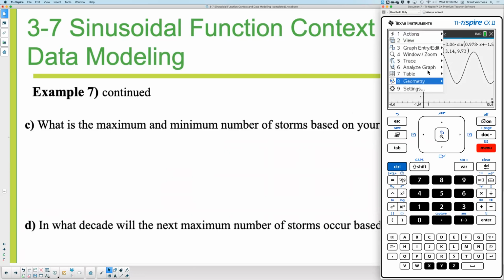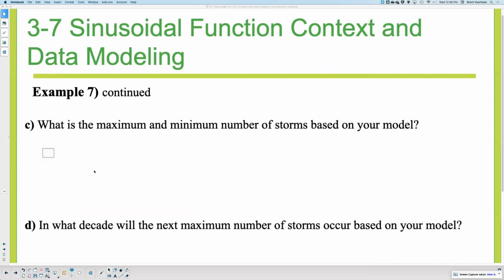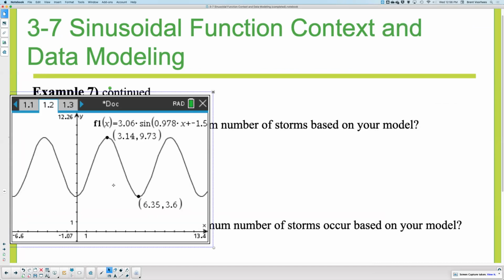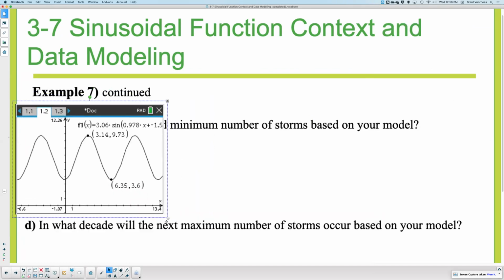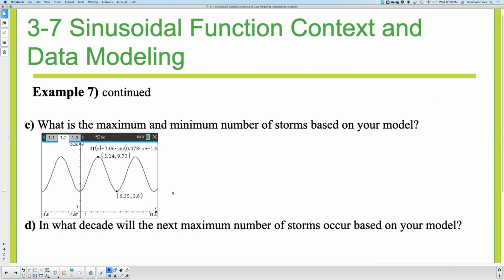The minimum, analyze graph minimum, we could use the very beginning, but I'm just going to go right here, would be about 3.6. So I'm going to add this in now. Because these are talking about major hurricanes, you can't have 0.73 of a major hurricane.